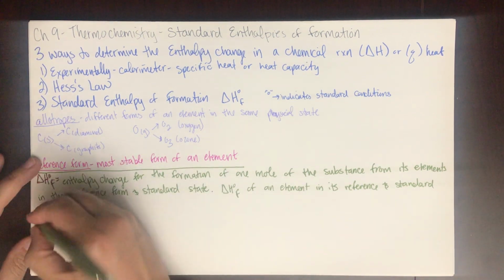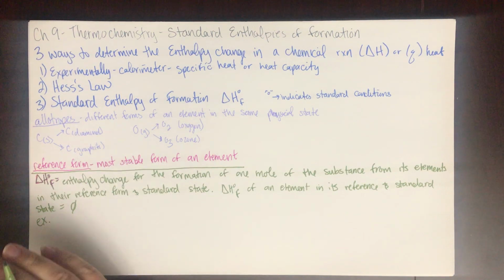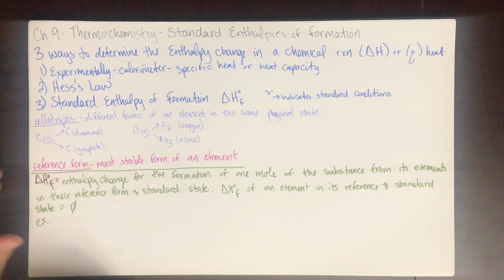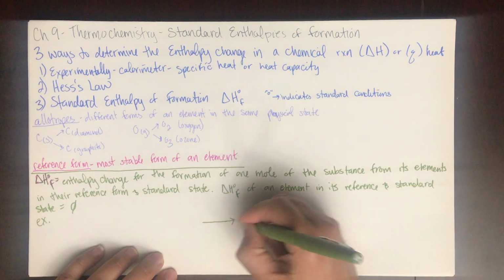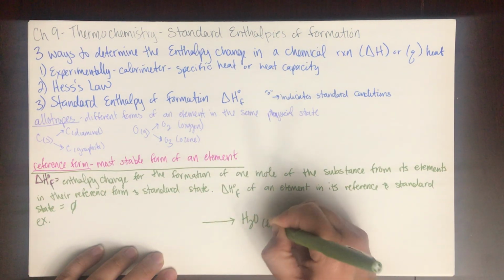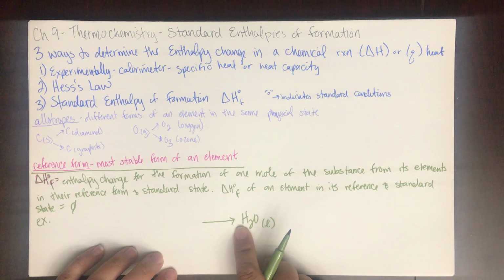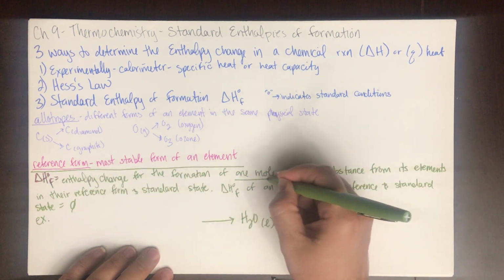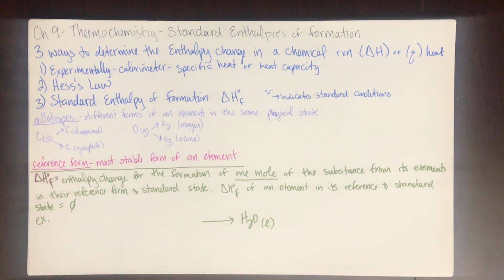So for example, the standard enthalpy of formation of liquid water. So we want to produce liquid water and we want 1 mole of it. It's the enthalpy change for the formation of 1 mole of the substance. So we just want to produce 1 mole of H2O.